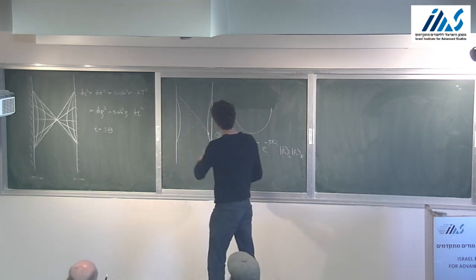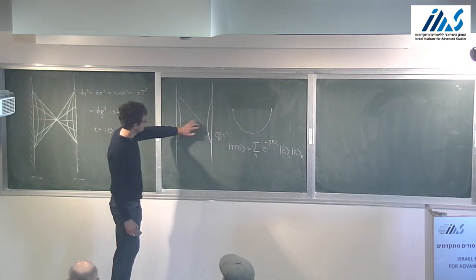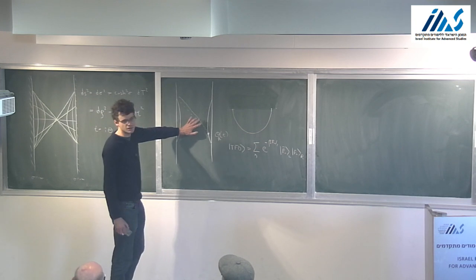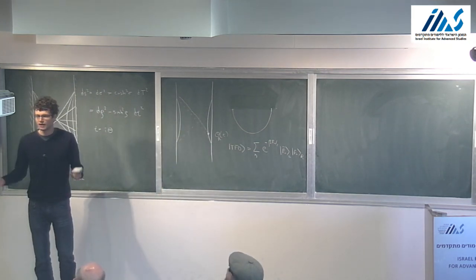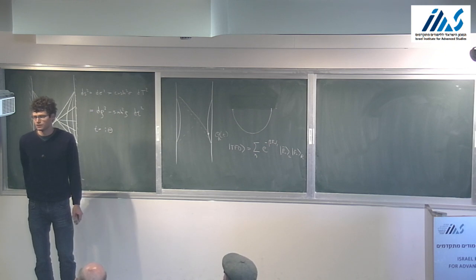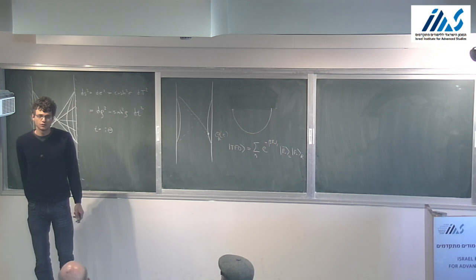One point about this is that I'm referring to this as a wormhole. This is a conventional terminology for the maximally extended Schwarzschild solutions, where we have two asymptotic regions. These are referred to as wormholes or Einstein-Rosen bridges.